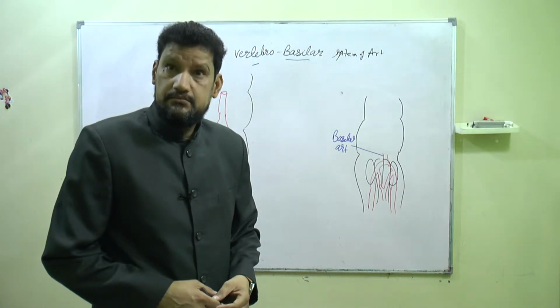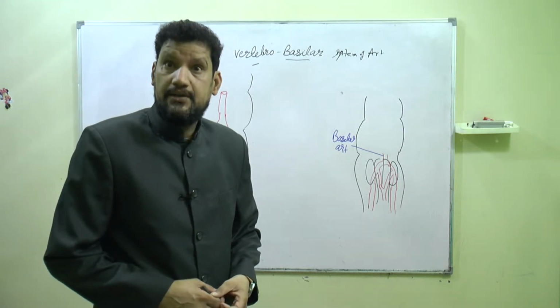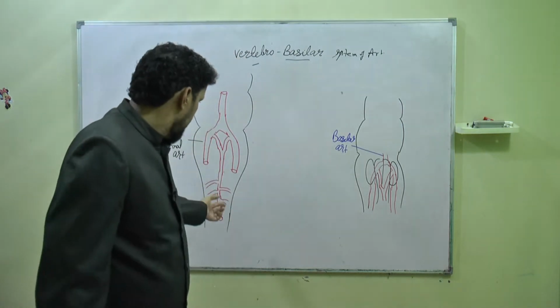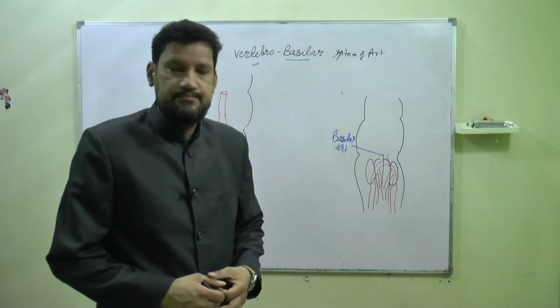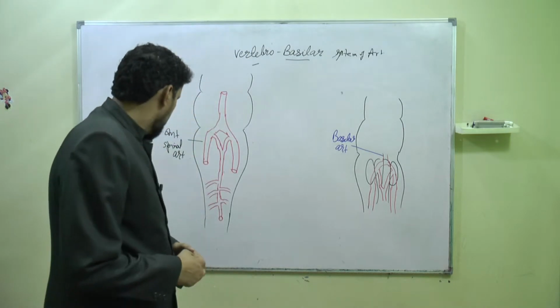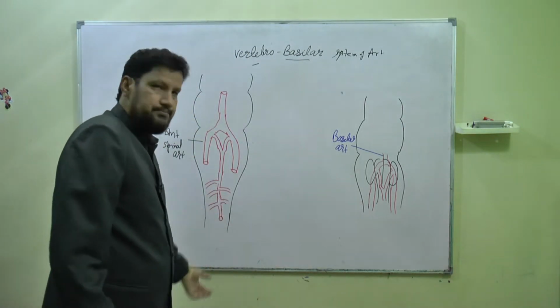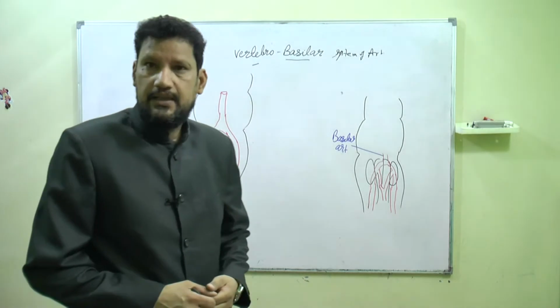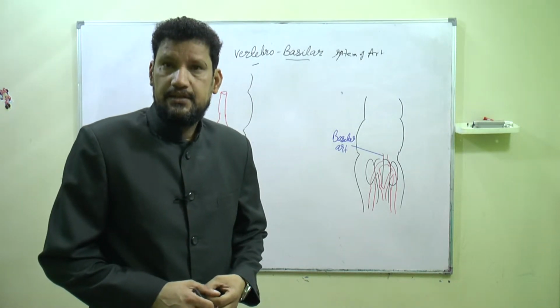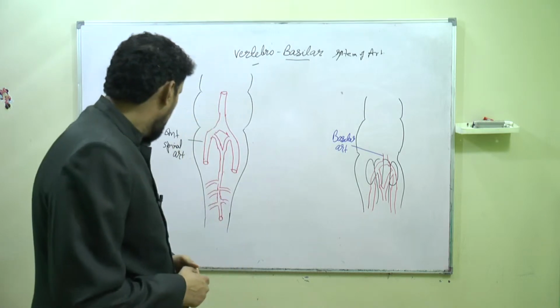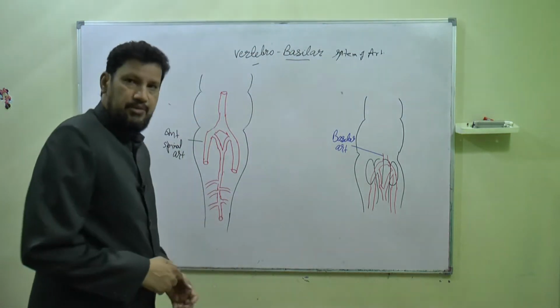This blood supply of the spinal cord from the anterior spinal artery is reinforced by the rami from the ascending cervical, the posterior intercostal artery, and first lumbar arteries.